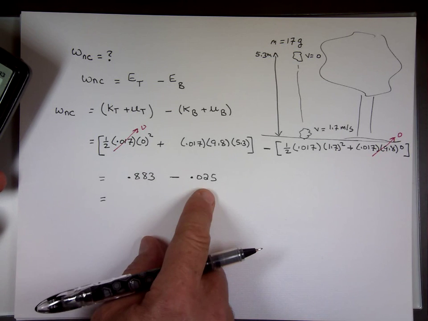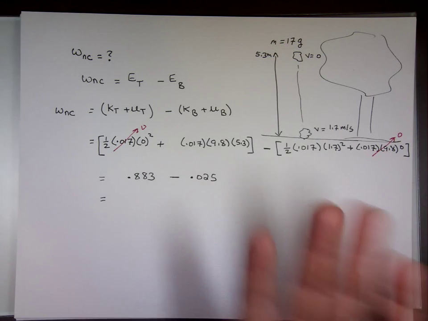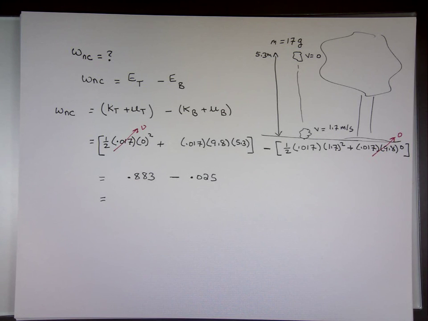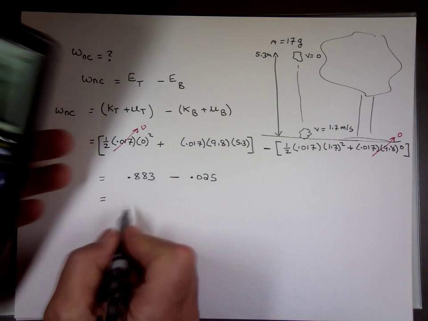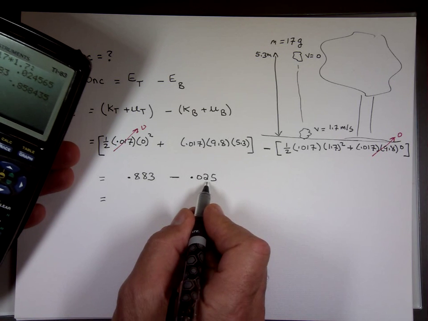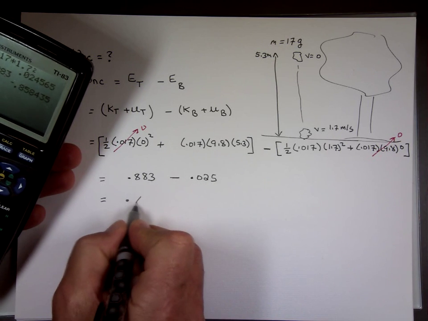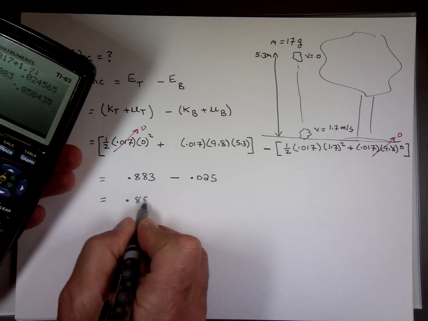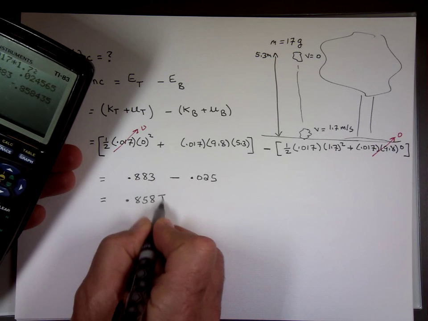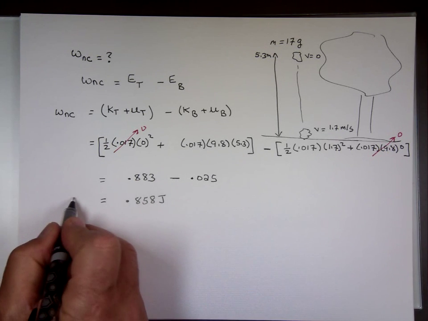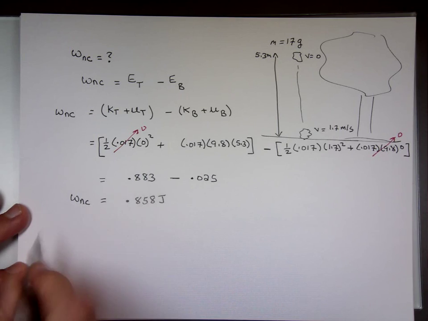A piece of paper will float just like a parachute. It comes down so slowly there. So what's left is not a lot when you get to the bottom. 0.858 joules, that's the work done by the wind, by the friction, which is almost all the energy that was in the leaf, and it's gone now.